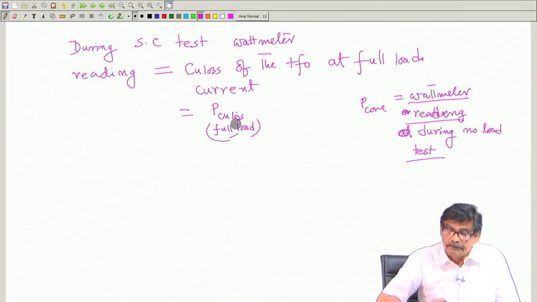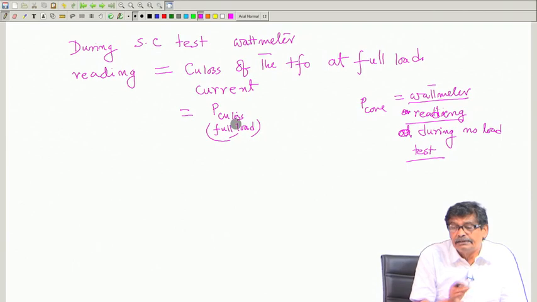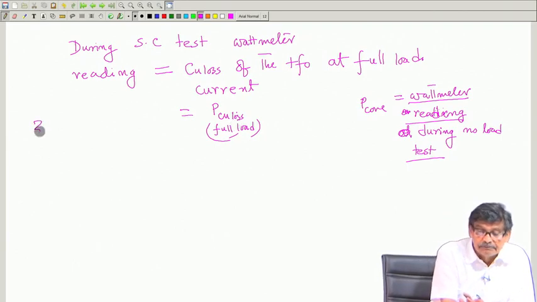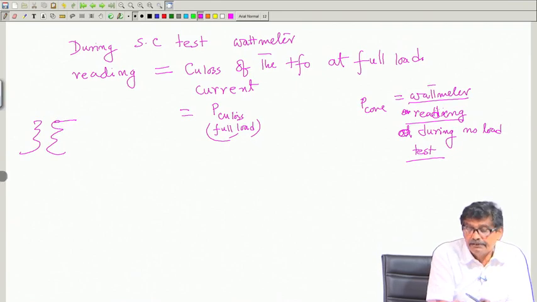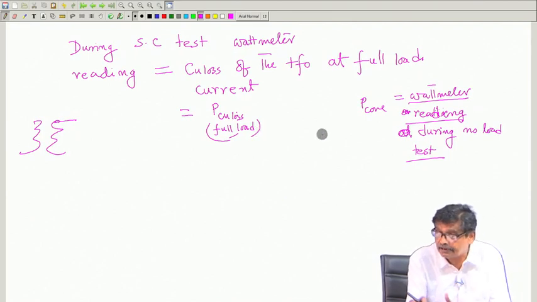Got the point? Now, I am asking you a straight question, that if the windings are carrying rated current, then what will be the total copper loss? That copper loss I am telling full load copper loss when the coils carry rated current.